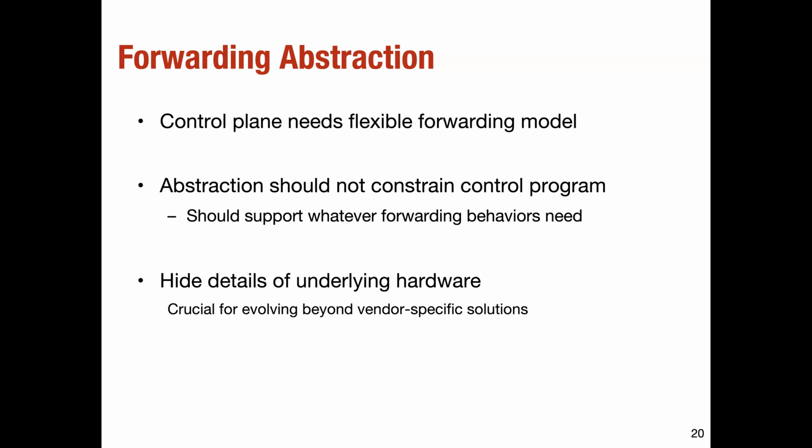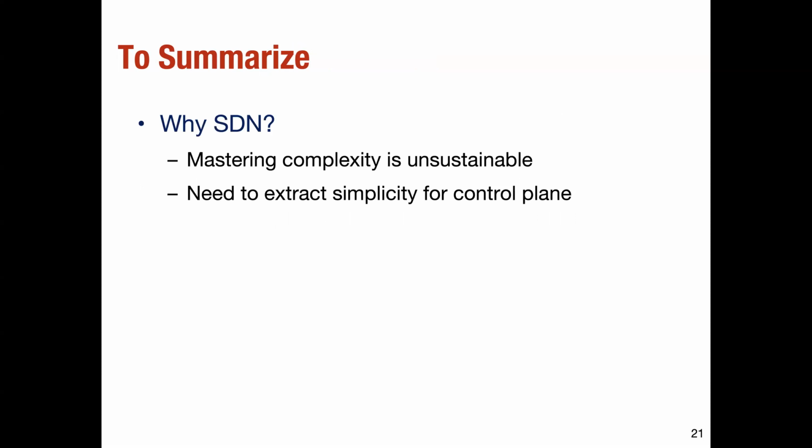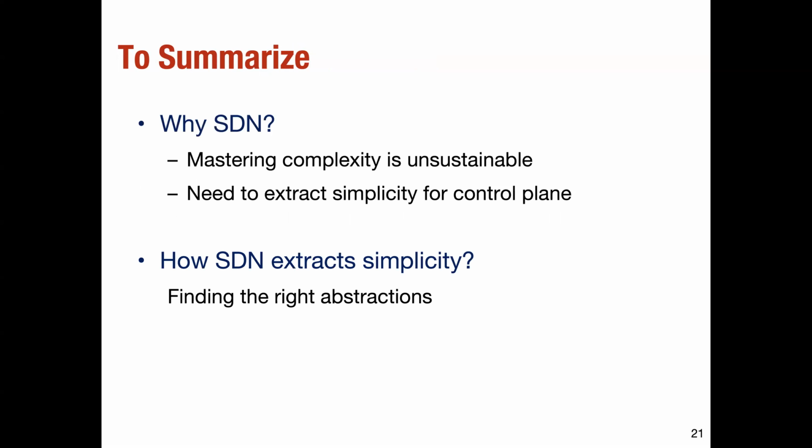So now to summarize what we learned so far, the question that we started to answer was why software-defined networking? And the answer is that the focus so far was to master complexity. But in the longer run, mastering complexity is unsustainable. And that's why we needed something to extract simplicity for the control plane. Software-defined networking is capable of extracting simplicity.